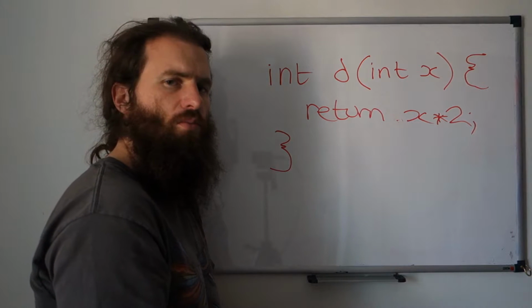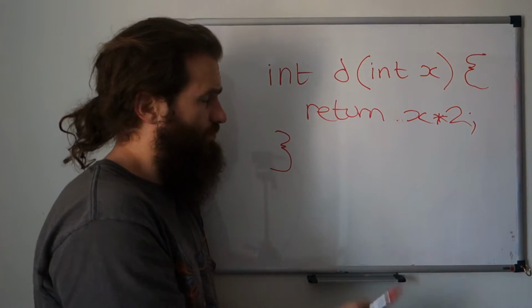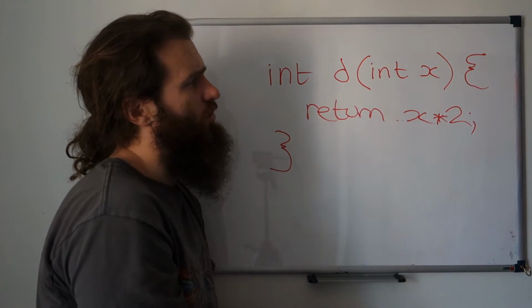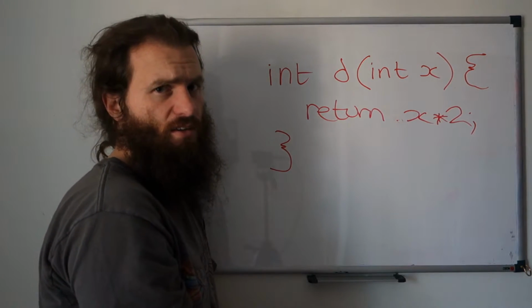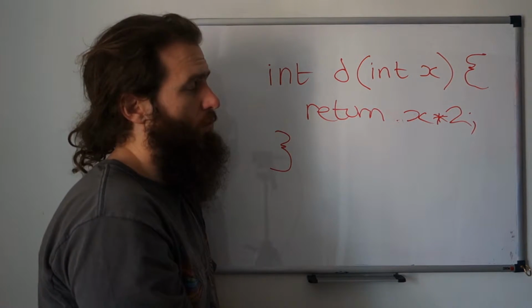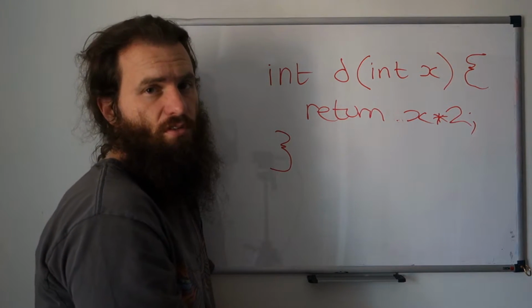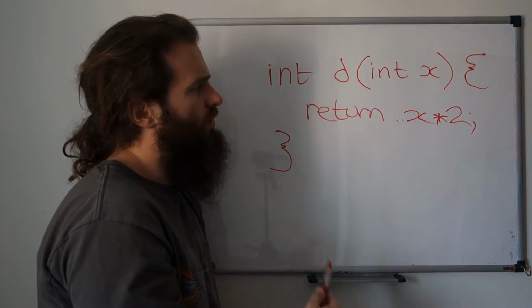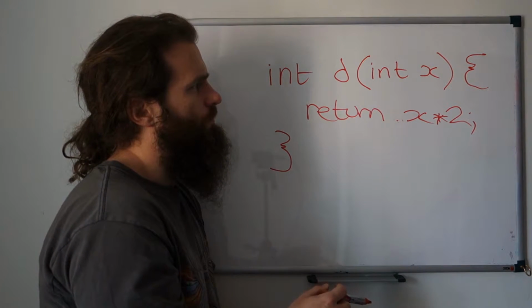So what this function does, the d stands for double, it just doubles whatever argument you put in there. X is the argument. So if we put in 5 it's going to return 10, if we put in 10 it's going to return 20, and so on. So that's actually what a function does.